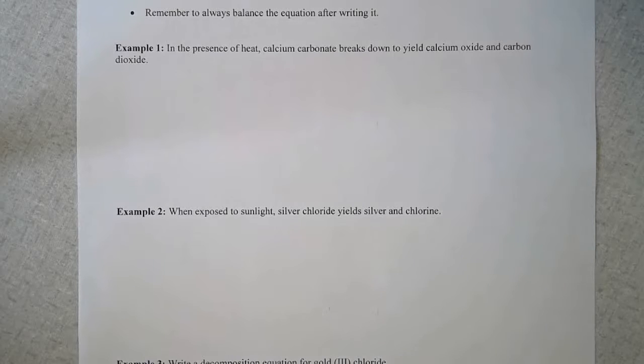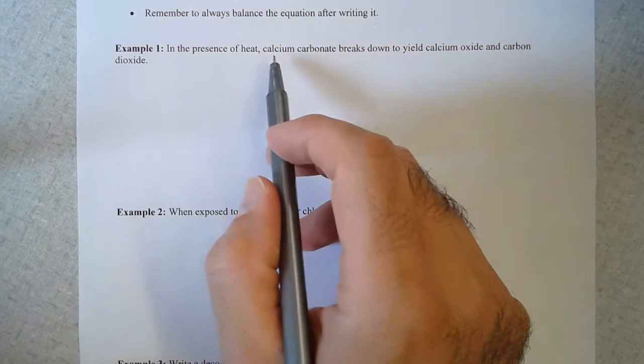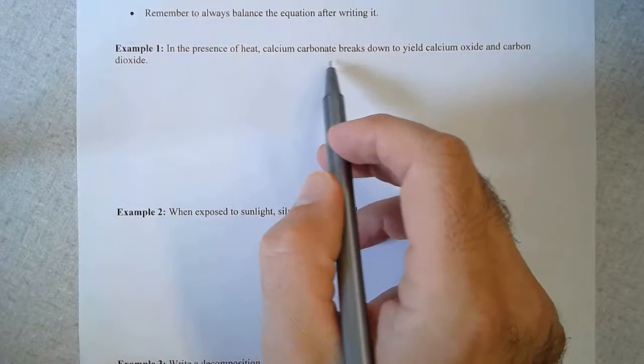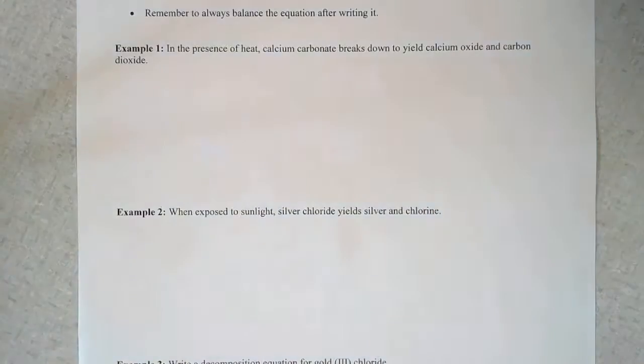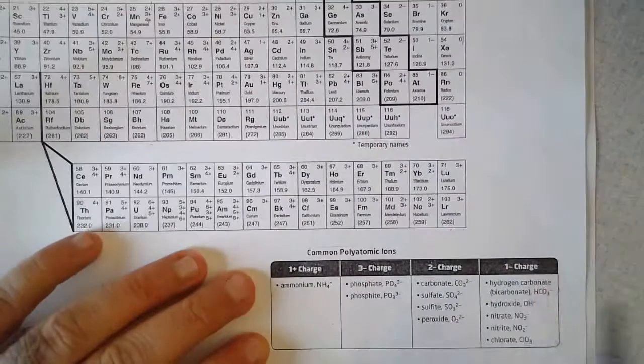Okay, we're back. Let's take a look at the solution to this problem here. So we start off with calcium carbonate. So we see calcium's a metal, and carbonate, because of the ATE, this should make you think of polyatomic ions. So let's take our chart for polyatomic ions, and we see that carbonate indeed is a polyatomic ion.